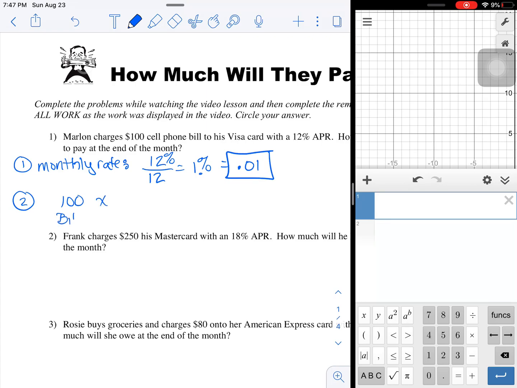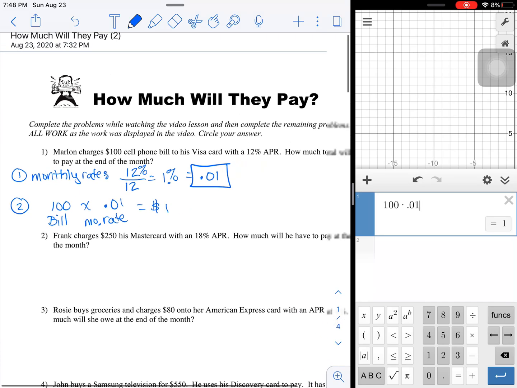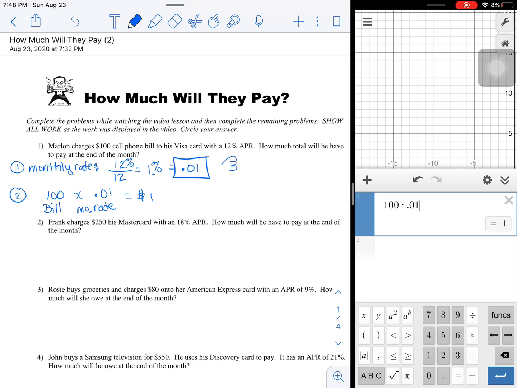So this is your bill and this is your rate. 0.01, or your monthly rate actually, and we're going to go to the side. 100 times 0.01 gives me $1. So they're going to charge me $1, doesn't seem too bad, just to put my cell bill onto that Visa card.